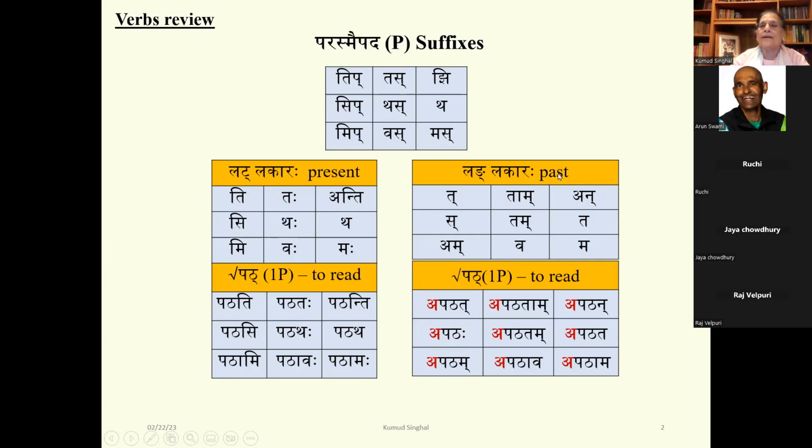And in the lang lakara, which is the past tense, these suffixes simplify to t, tam, an, s, tam, ta, am, va, ma. If you add pat plus the group affix a and these suffixes, you will get these past tense forms: apathat, apathatam, apathan, apathah, apathatam, apathata, apatham, apathava, apathama.